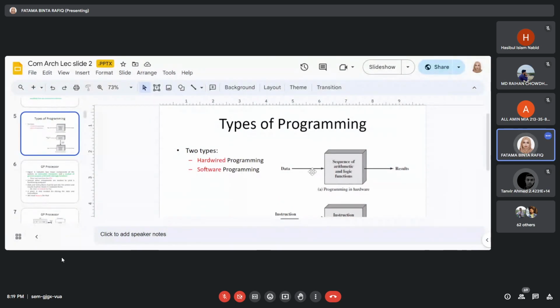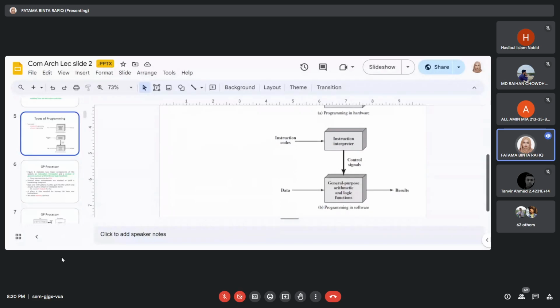So the hardware programming language is basically a one step programming language that will run each line at a time. The first line will be written, and when we run the whole code, it takes line by line as the input. But in software programming language, first it will run the whole code.